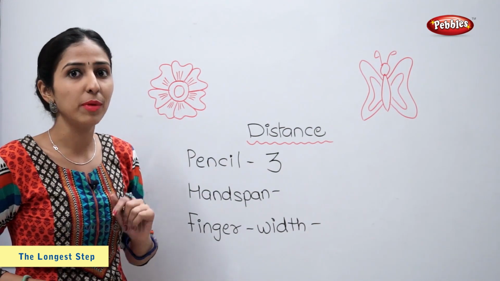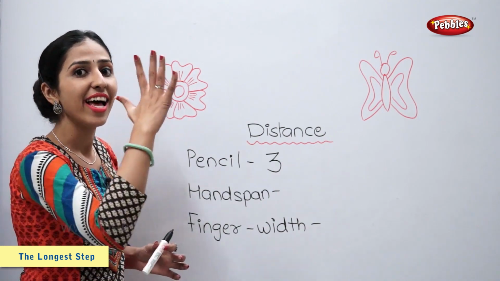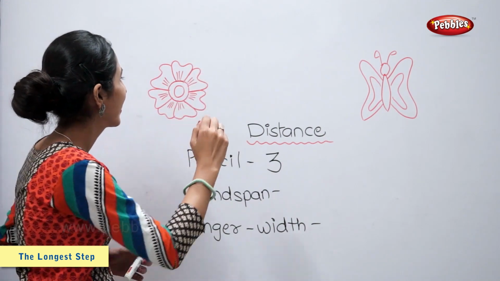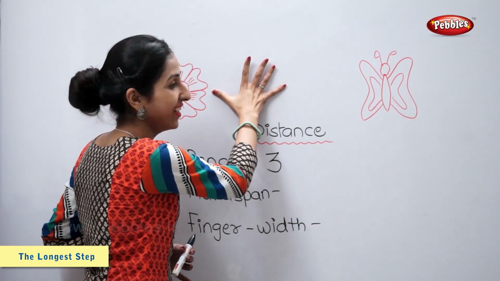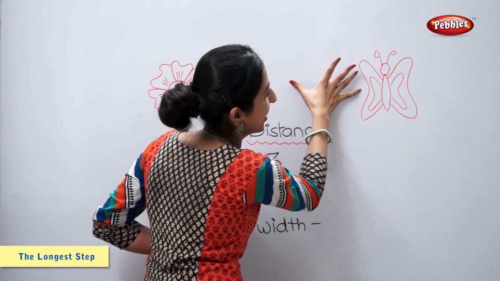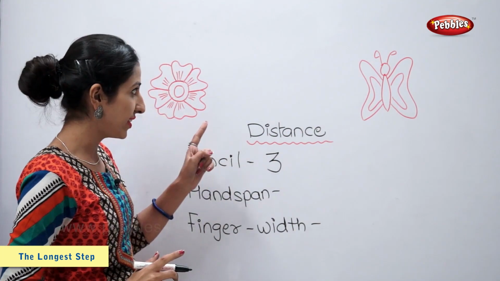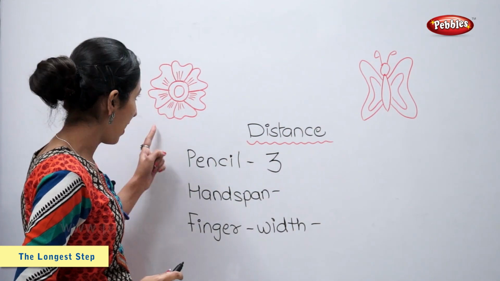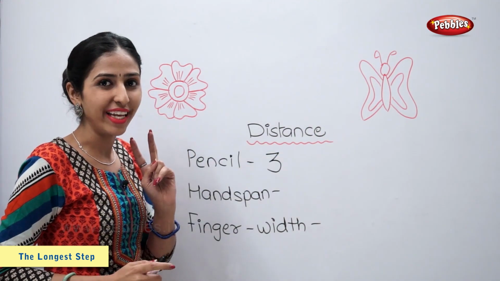Now, let us measure the distance using handspan. 1, 2. So, the distance between the flower and the butterfly is 2 handspans.